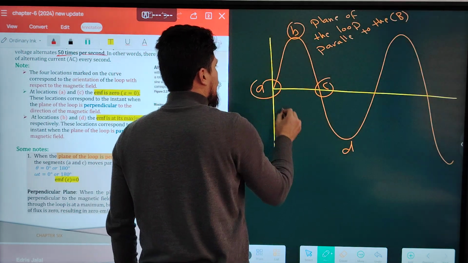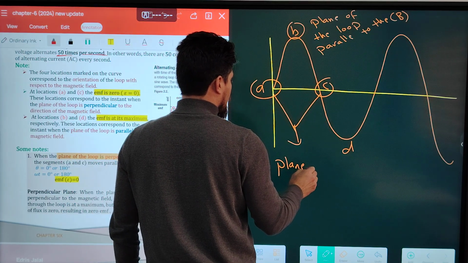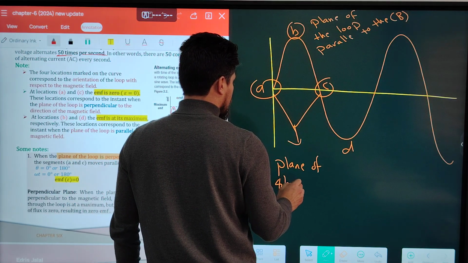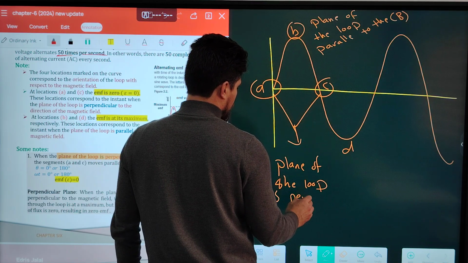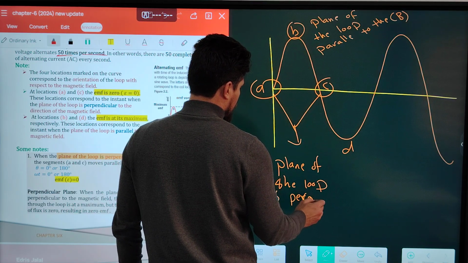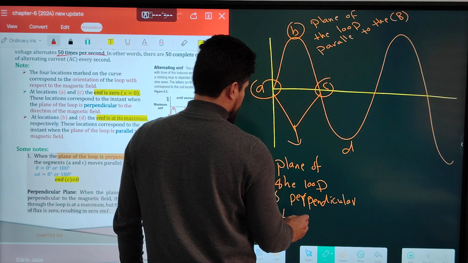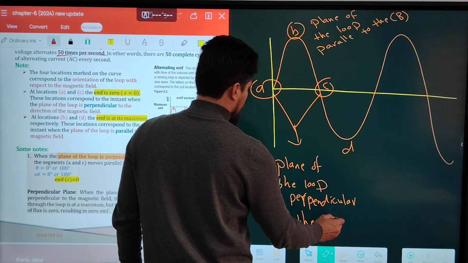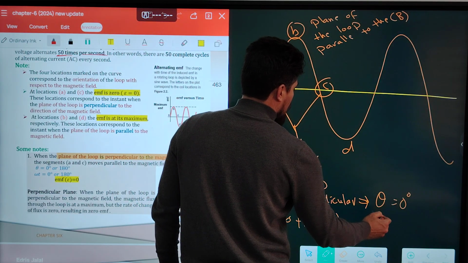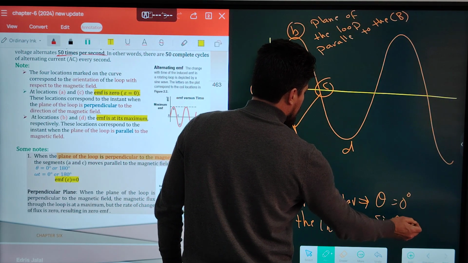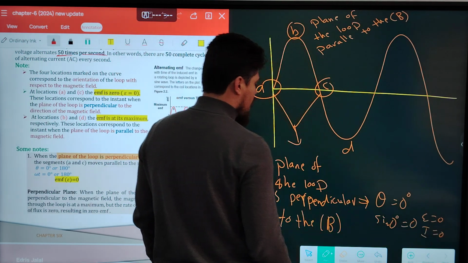But at C and A, the plane of the loop is perpendicular to the field. When the plane of the loop is perpendicular, the angle is equal to 0. Sine 0 is 0, EMF 0, current 0. Why?